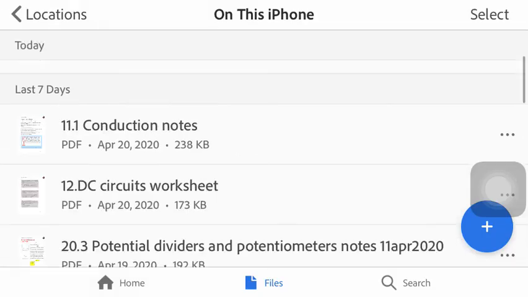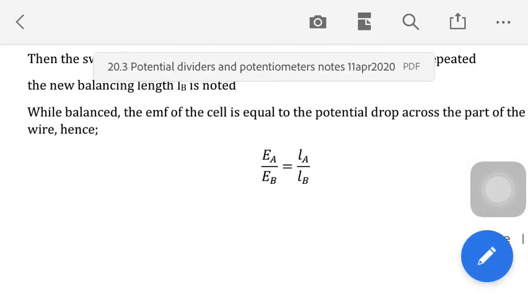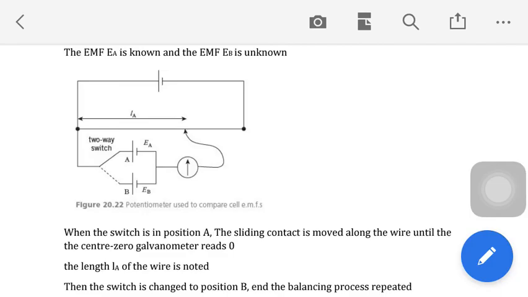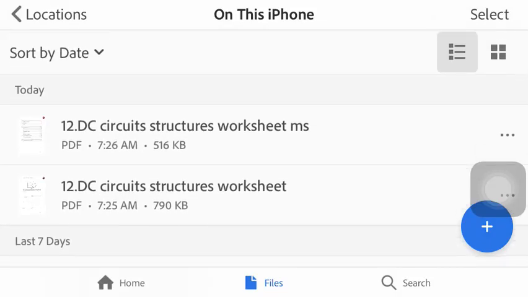Then the question asks you why you don't have to know anything about the internal resistance. Because there is no current through the lower circuit, right? So you can have as much internal resistance as you need, but only if you have current will you have the potential drop.